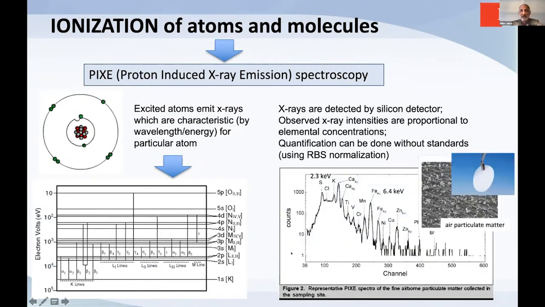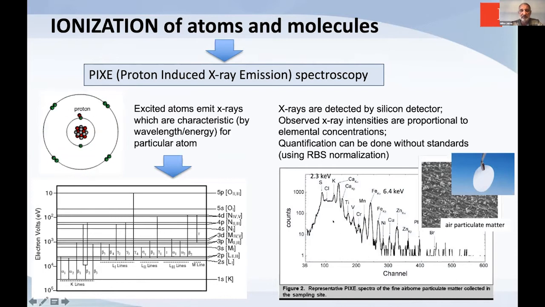And if you look with some detector, in our case, this is a conventional silicon lithium or SDD X-ray detector, you can observe different lines. Each of these lines corresponds to one of the elements, and as you can see, they are ordered by atomic number.